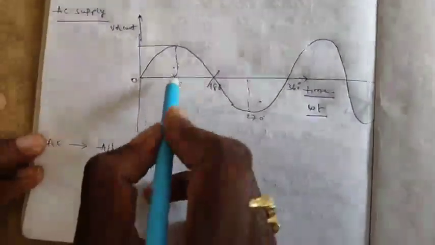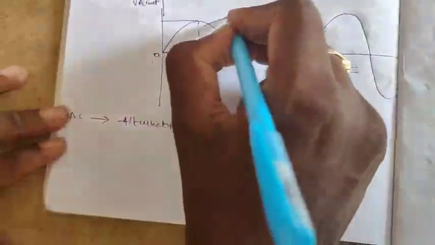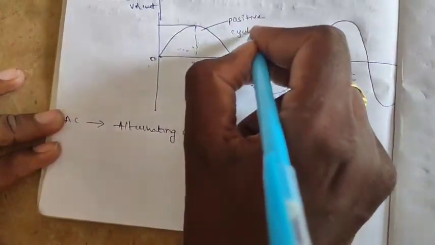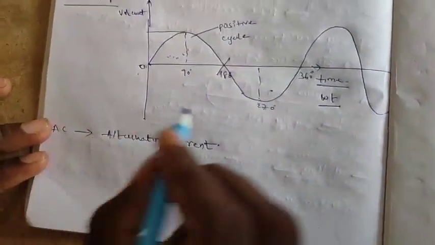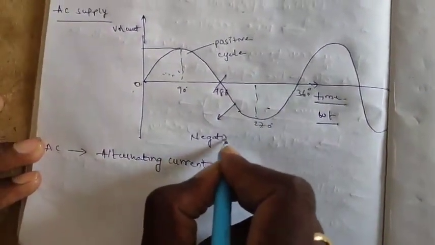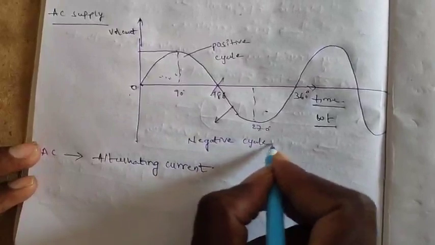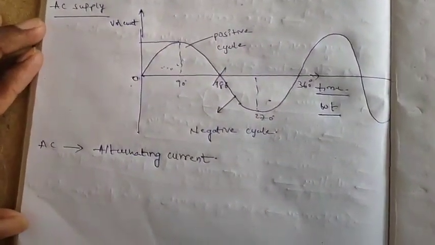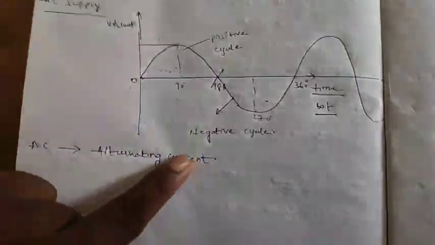Here cycles are there. This one is called the positive cycle, and this one is called the negative cycle.